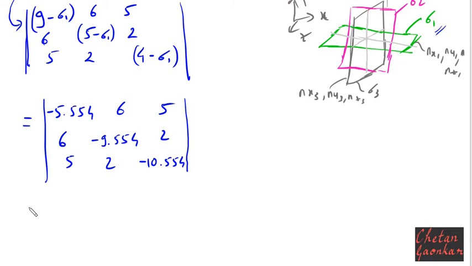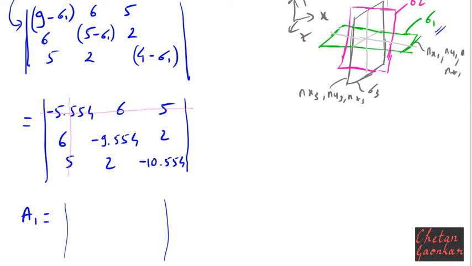Now how to find A1? In order to find A1, we will neglect the first row and first column, and whatever remains, I will put as the terms of A1. So what is remaining now?